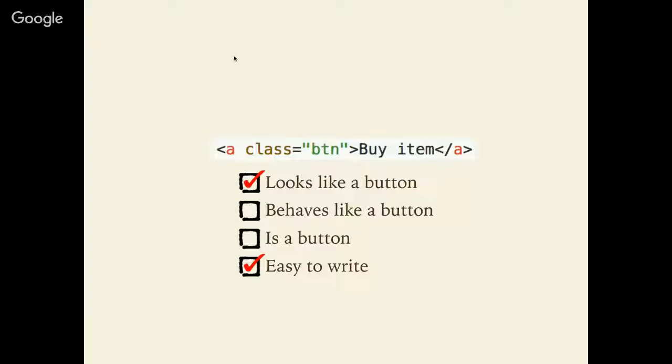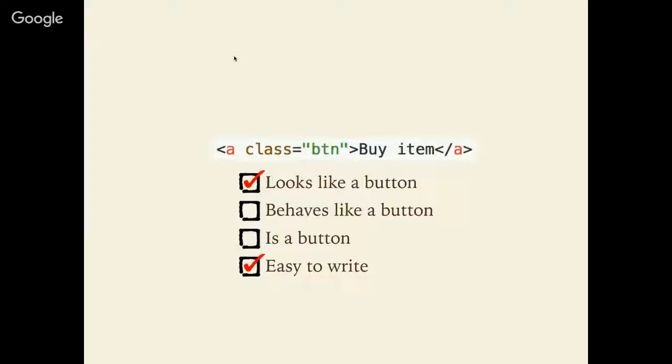The piece of code on this slide is an anchor element with a class of button, and within the anchor tags is the text buy item. Underneath is the familiar checklist, which looks like a button. It looks like a button because we added the class button.